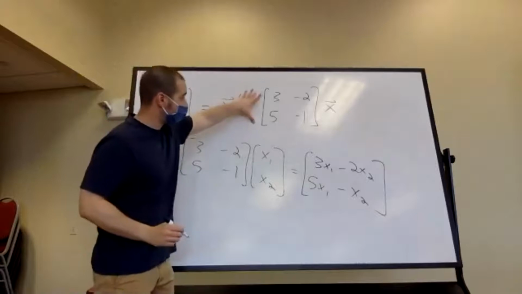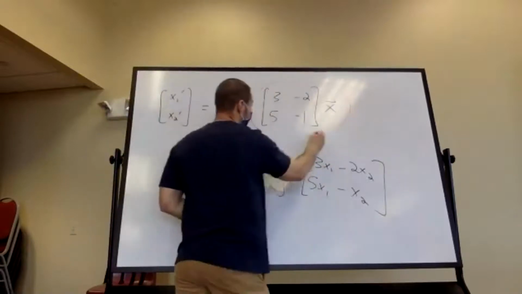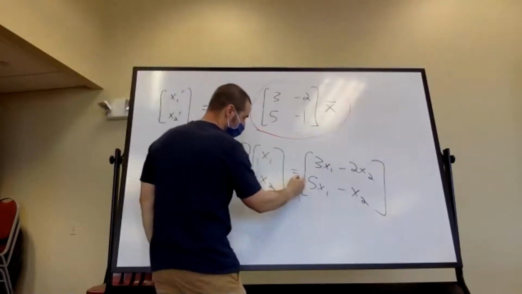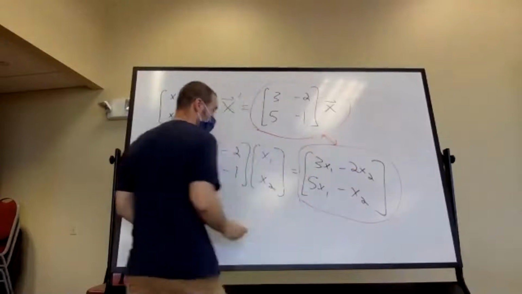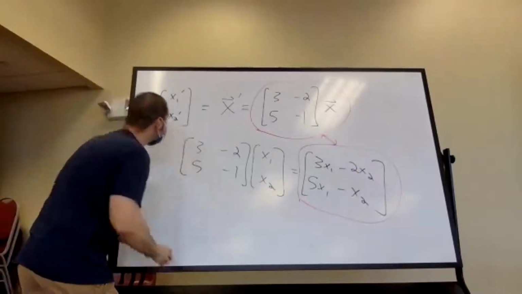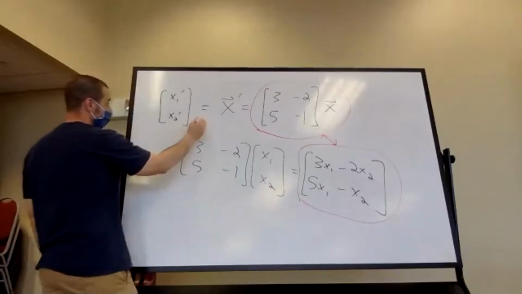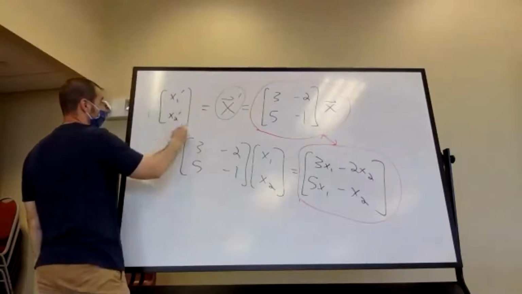So this right-hand side is a faster way of writing this. These are the same thing. And this left-hand side here, this x arrow prime, is a faster way of writing this.